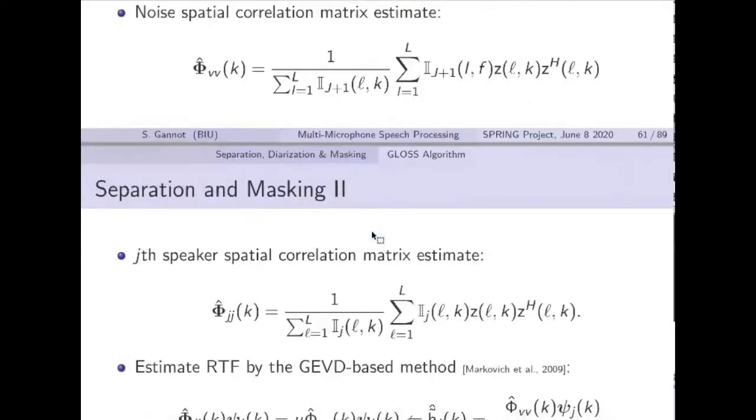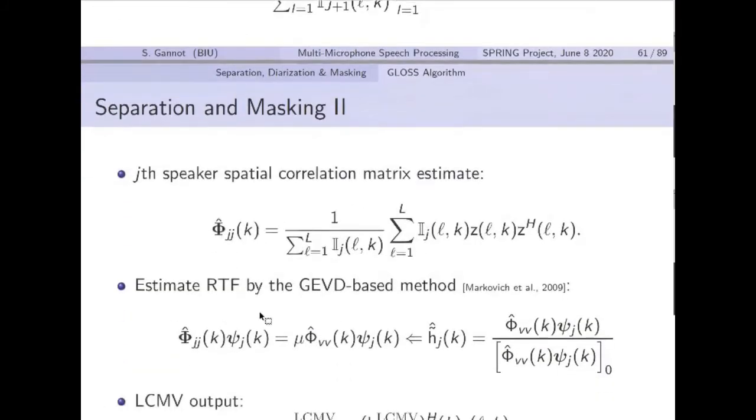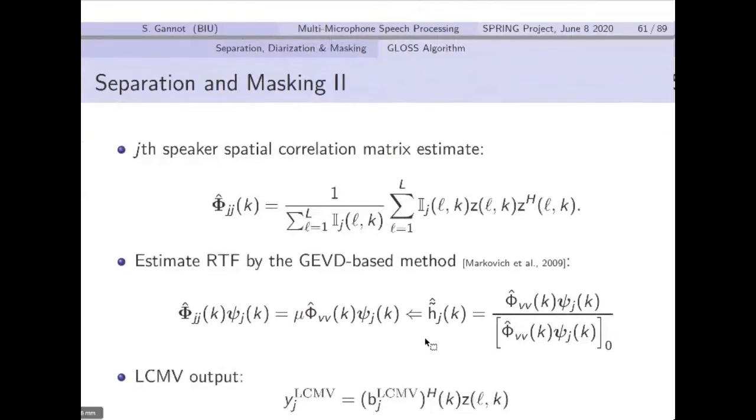When we extract the frames which are related to the J source, we can estimate the correlation matrix of this source. It will be a noisy correlation matrix. This is why we apply generalized eigenvalue decomposition, and we take the major eigenvector. Since we know that these frames are dominated by only one source, we take this in order to apply the beamformer.